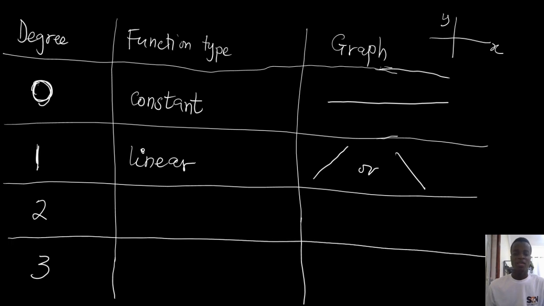Now, if the function has a degree of 2, we say that function is a quadratic function. A quadratic function has two slopes. Look at the degree as if it's a slope. Slope is like the bending. So it's two slopes, up and down, or coming down and going up.